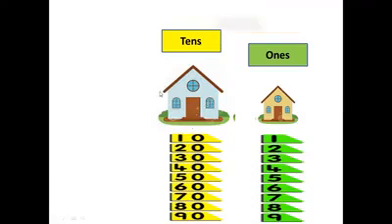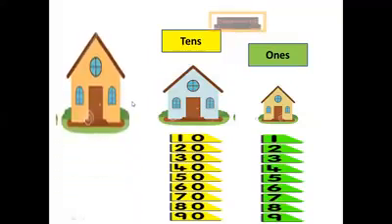Okay, let's see the third house for numbers. As you see, it is bigger than the first one and the second one. Okay, think with me. What are the numbers that live in this house?